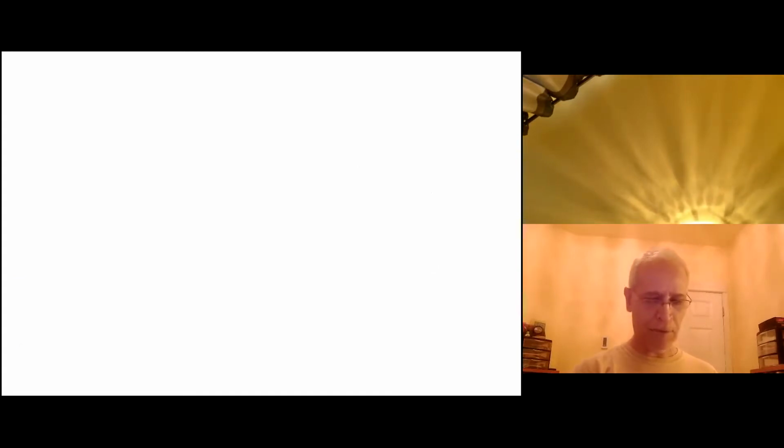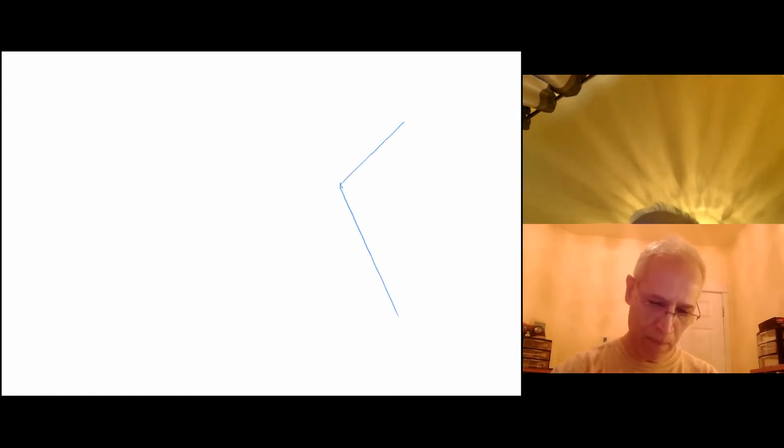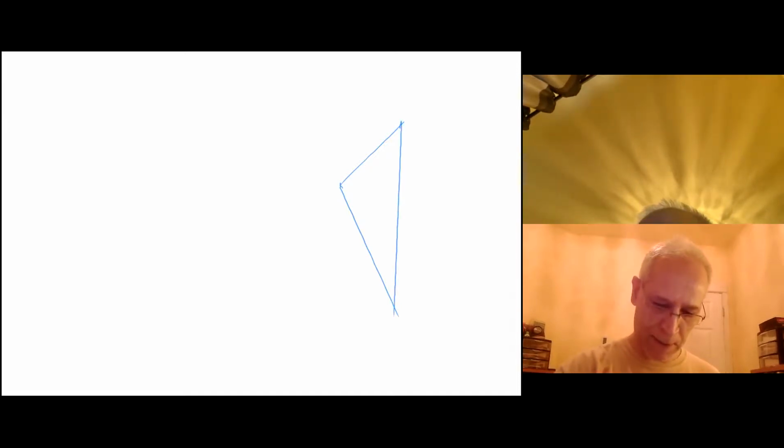For the smaller triangle, when Venus has moved, I'm going to have a triangle something like this. This still is 39.4 degrees, and this still is 1 astronomical unit.